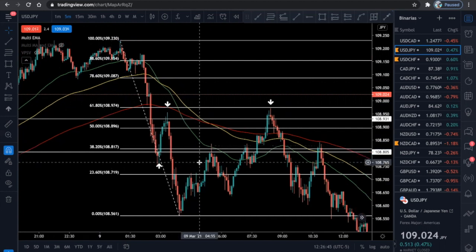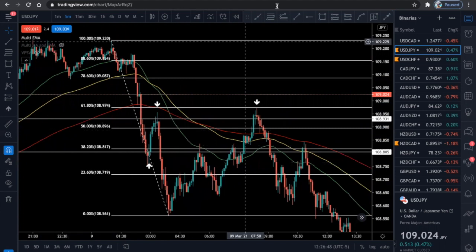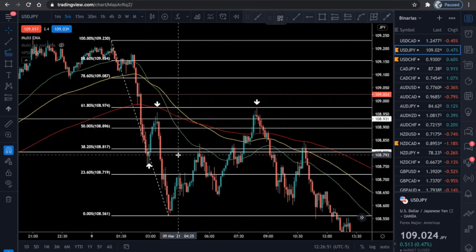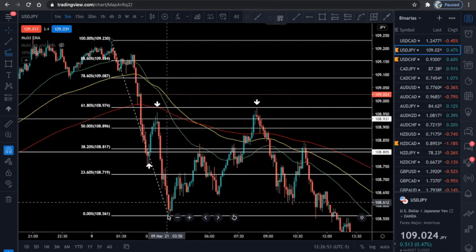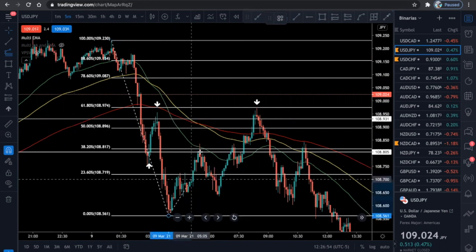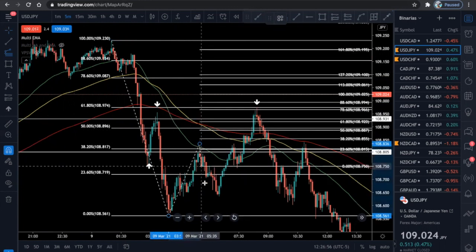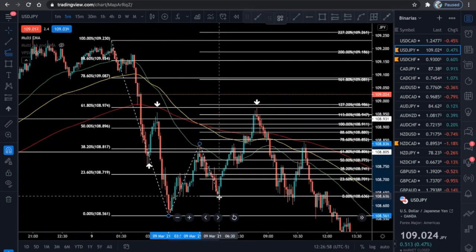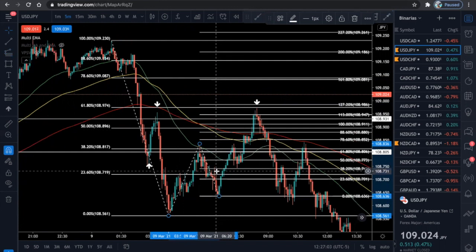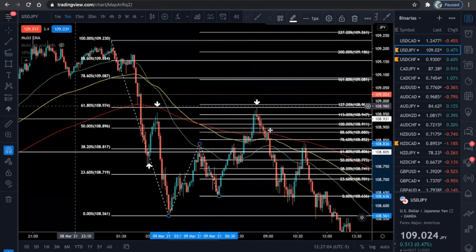Okay, so now check this out. Fibonacci extension. You go from the end of the impulse to the beginning of the retracement and the end of the retracement. And now see how you have a zone here.